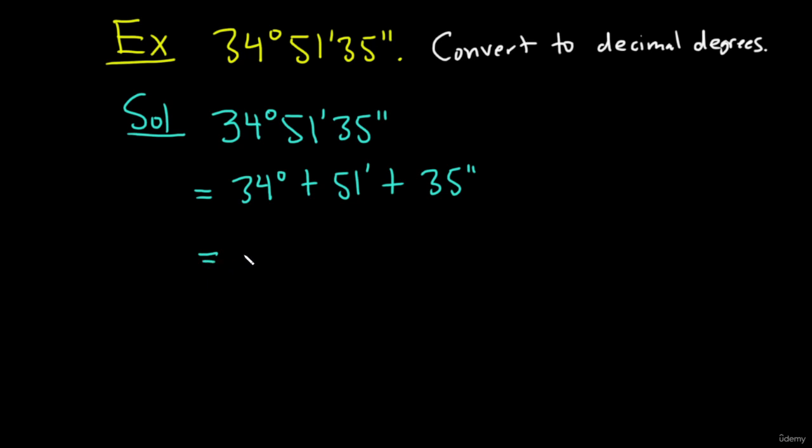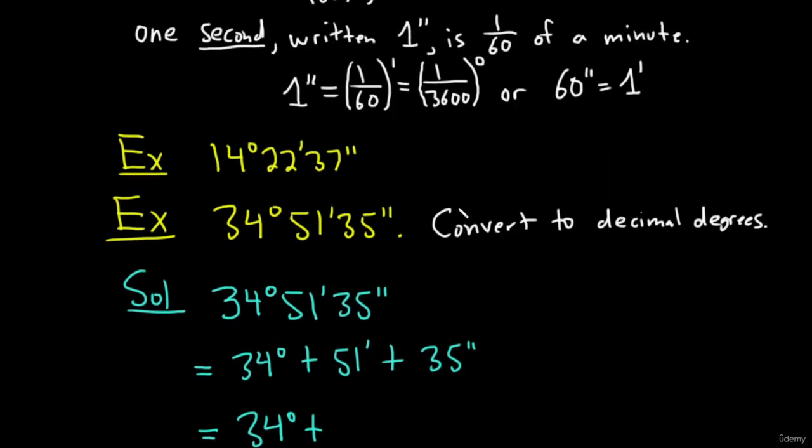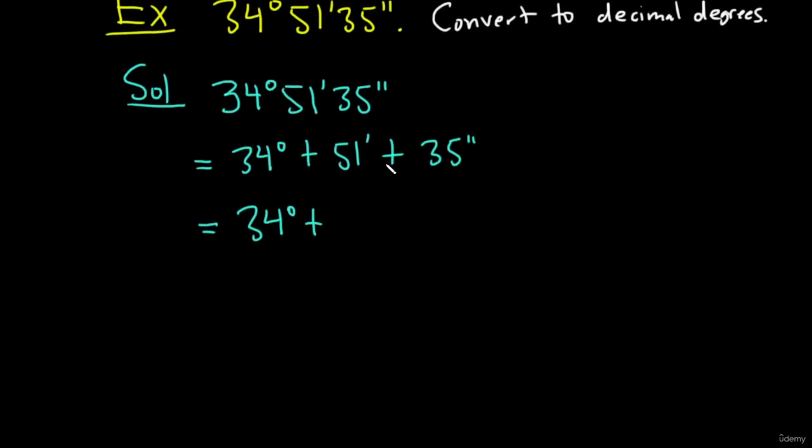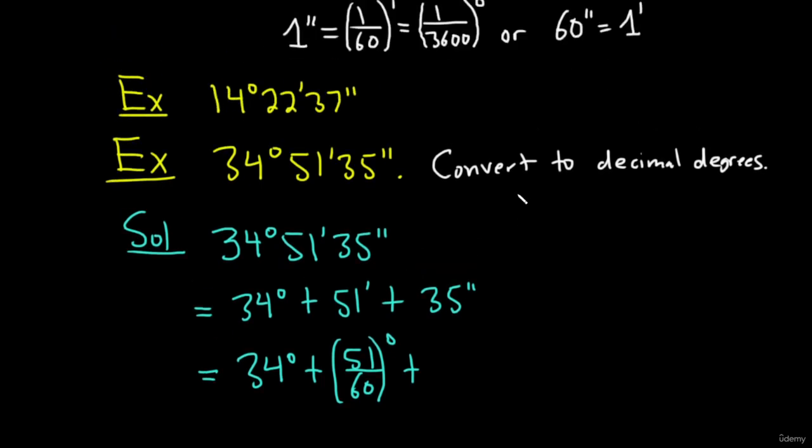So this is equal to 34 degrees plus, the 51 minutes, if you recall, each minute up here is 1/60th of a degree. Remember, it takes 60 minutes to make a degree. So this will be 51/60ths of a degree plus, and remember, it takes 3,600 seconds to make a degree.